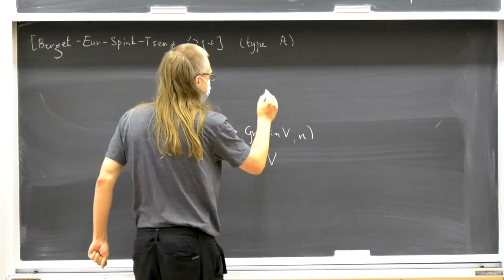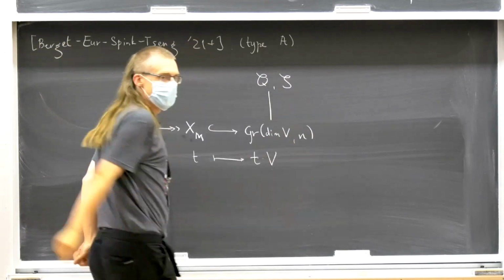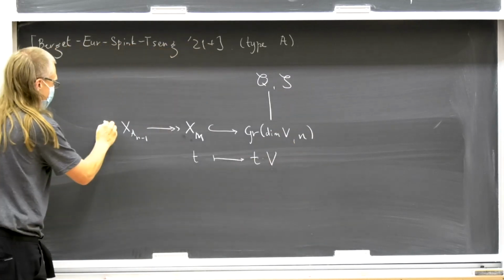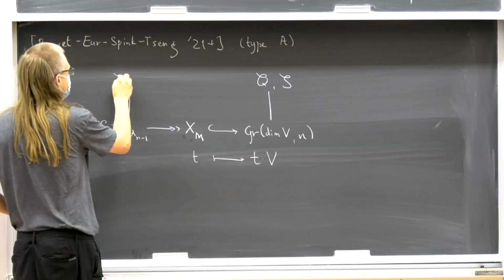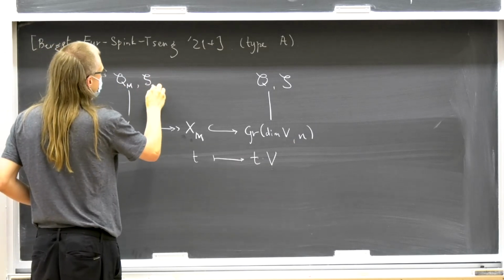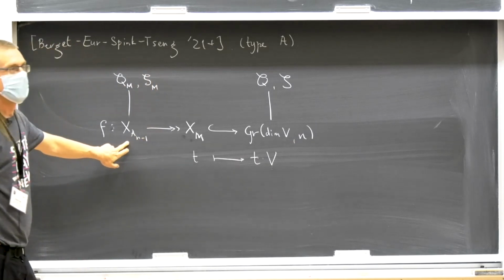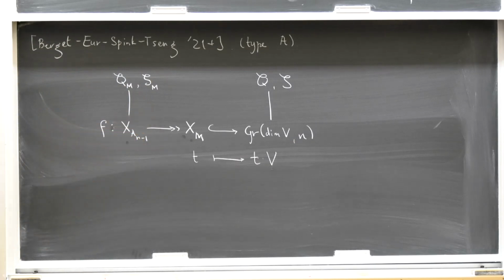And that is how you can get these tautological bundles. Here I have tautological bundles. Maybe I have the tautological quotient bundle or the tautological subbundle. And I can pull them back all the way across this, and I can get some kind of matroid tautological bundle and matroid subbundle living over here in the case where the matroid is representable.